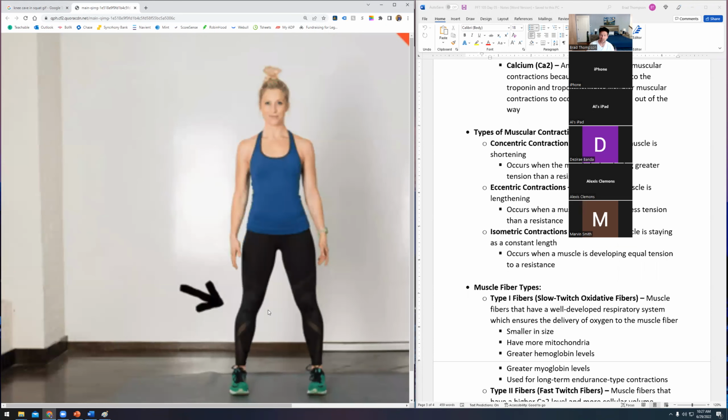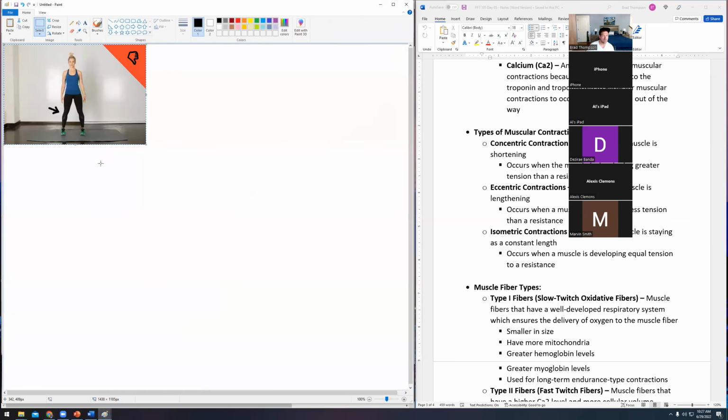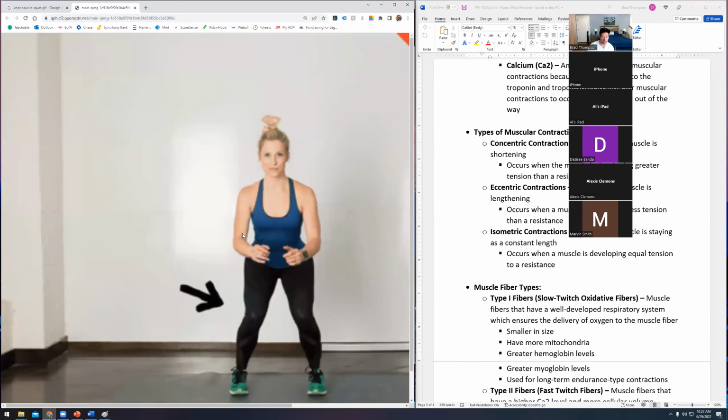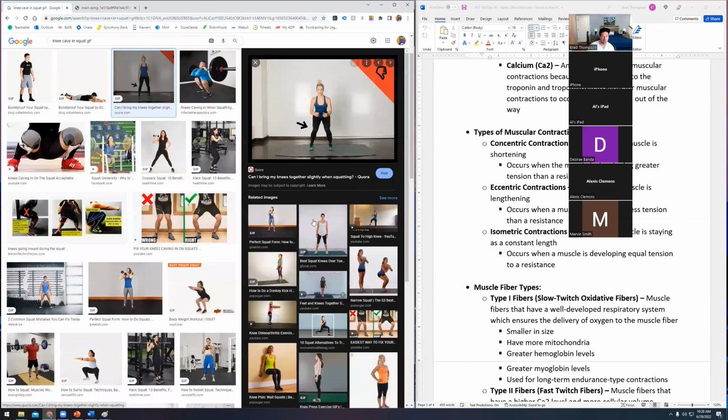Their knees buckle inwards. What that means is they have excessive concentric shortening on one side of the joint, and limited concentric shortening on the other side of the joint.